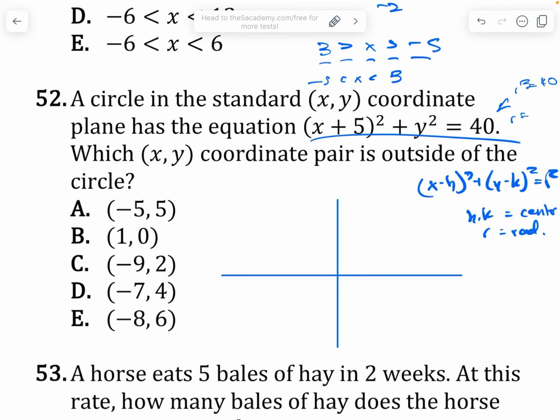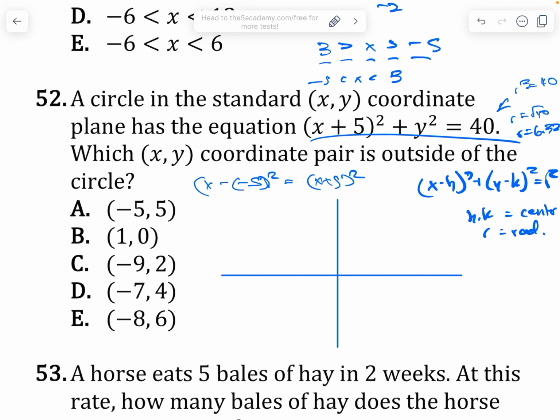That means r is equal to the square root of 40, which is going to be equal to some number, okay? Let's just identify the decimal equivalent to that. 6.32. Okay, so you're going to have a radius of 6.32. And then what's your center point? x minus h. So with this being x plus 5, it's going to be x minus -5. This gives you x plus 5 squared.